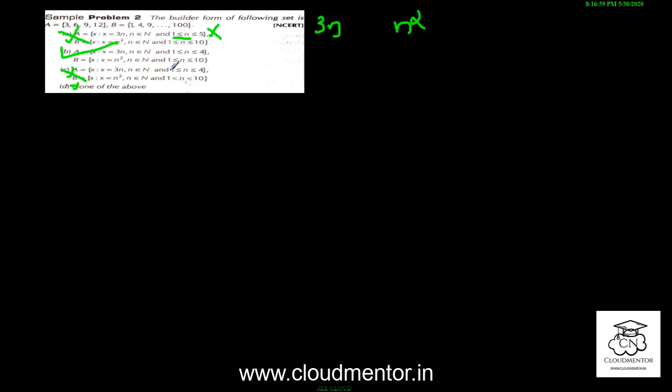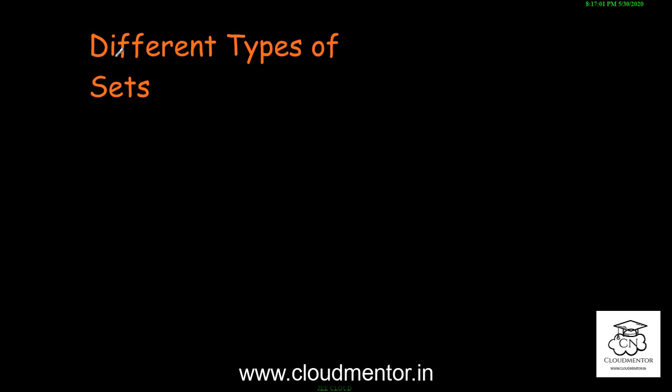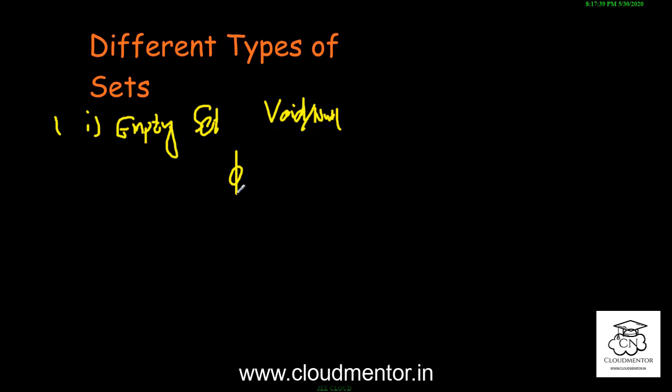So now let's look at the different types of sets. The first one is the empty set. The empty set is otherwise also called the void or null set. A set which has no element is called an empty set. It is denoted by φ or empty braces.